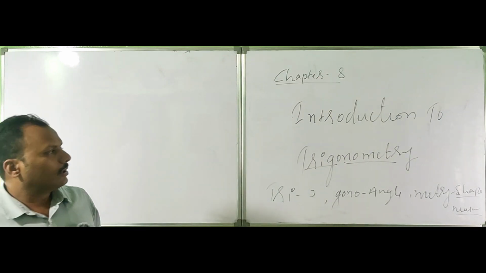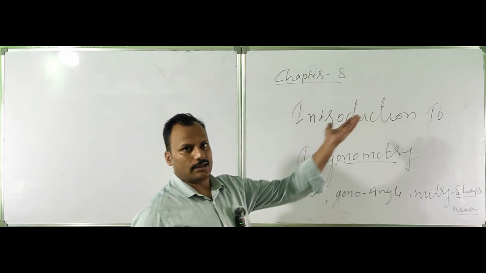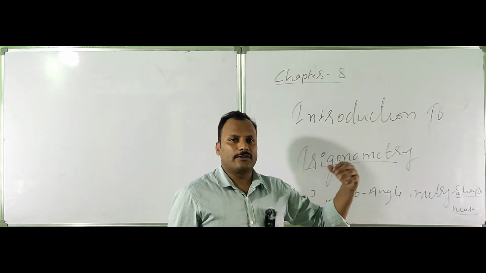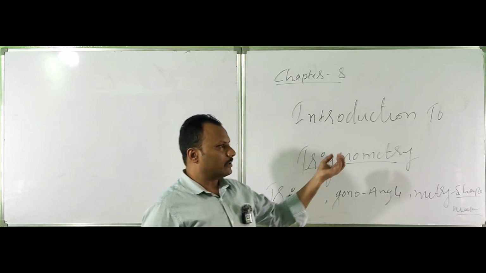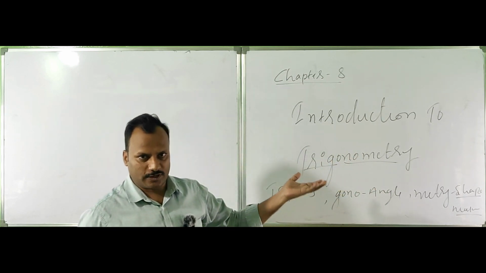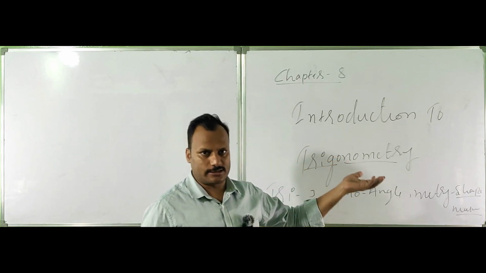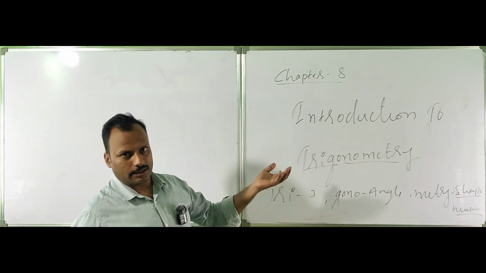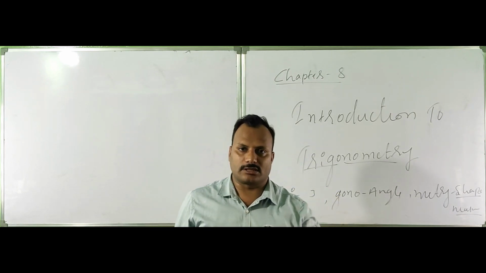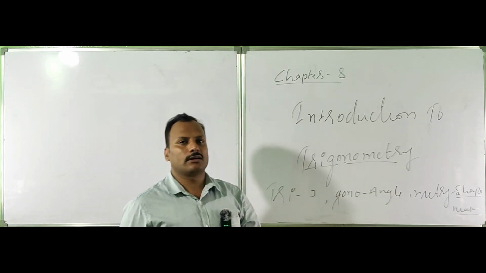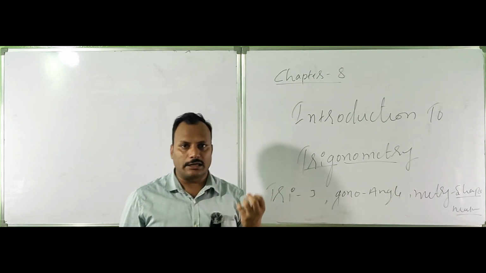And why is this chapter number 8? It is immediately after the triangles, basically similarity. They could have put it in the first chapter or somewhere else, but deliberately, you see, your book is made not by a single person. It is a group of highly qualified professors, scholars, even scientists.